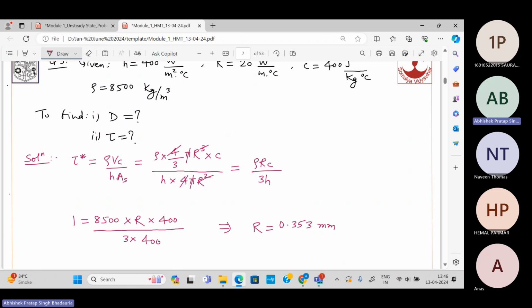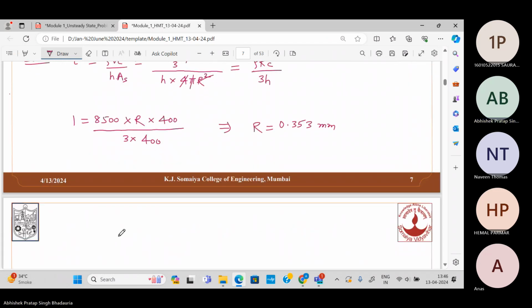Now we need to find the diameter. So diameter will be equal to 2r, which is 2 into 0.353. Therefore D is equal to 0.706 mm.